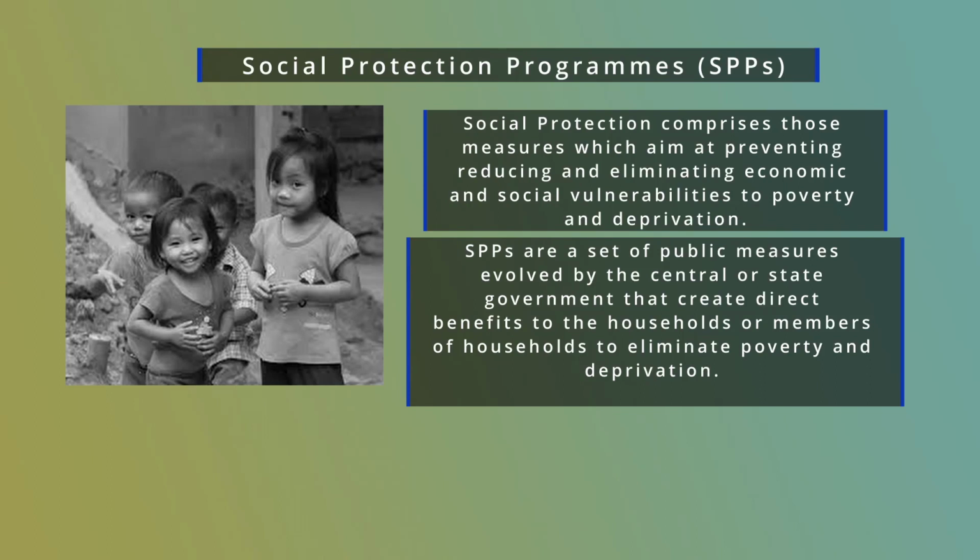The ambit of these schemes in our country is quite large, and the programs extend from education to health, from housing to sanitation, etc. The social protection programs introduced in our country can be classified into two groups. One is basic income security, and another is universal access to essential affordable social services.